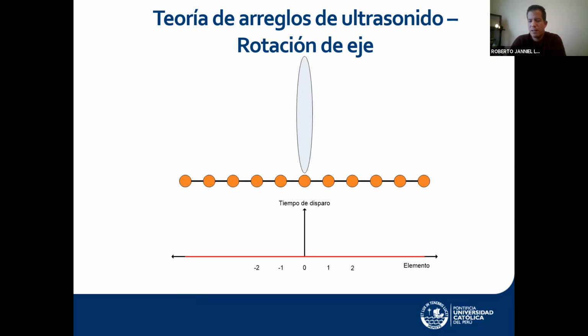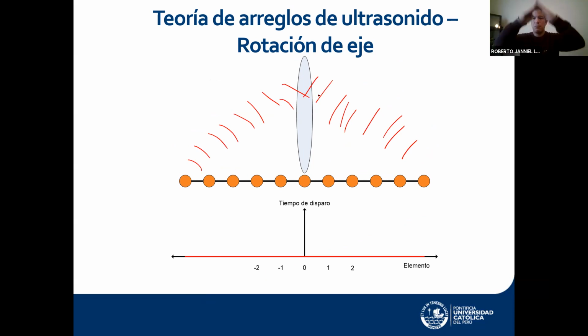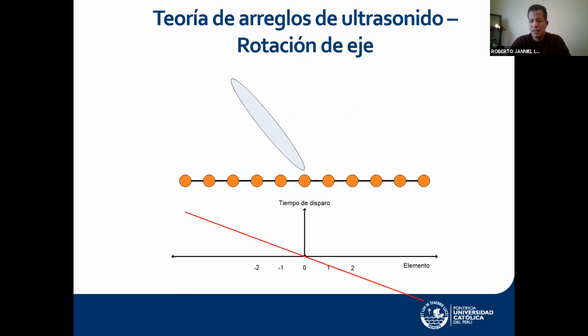If we fire everybody at once, this will fire, and this guy will do the same. Because both of them are fired at the same time and propagate in the same medium, everybody contributes going to the front. And if we do the converse, we fire the first element last and the last element first, then we're going to tilt the beam towards the location of the first element in the array. And that's how it goes.